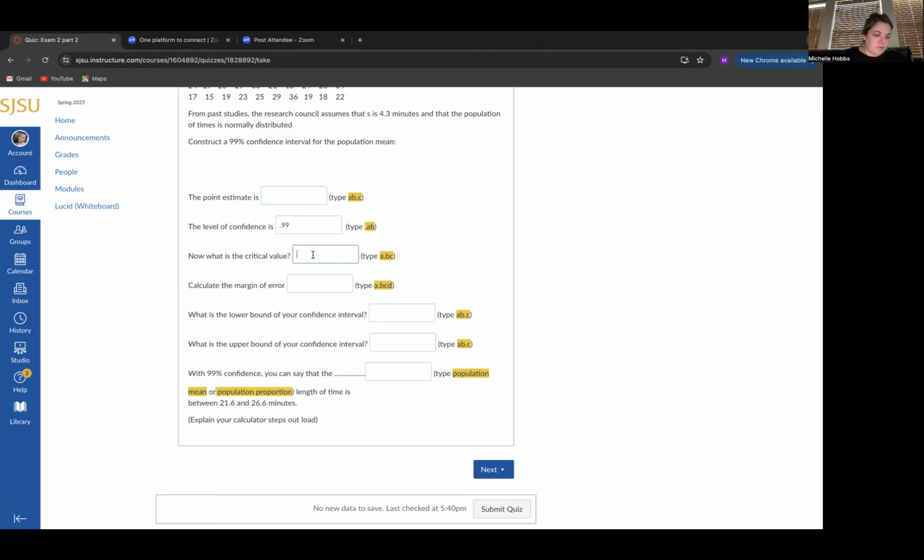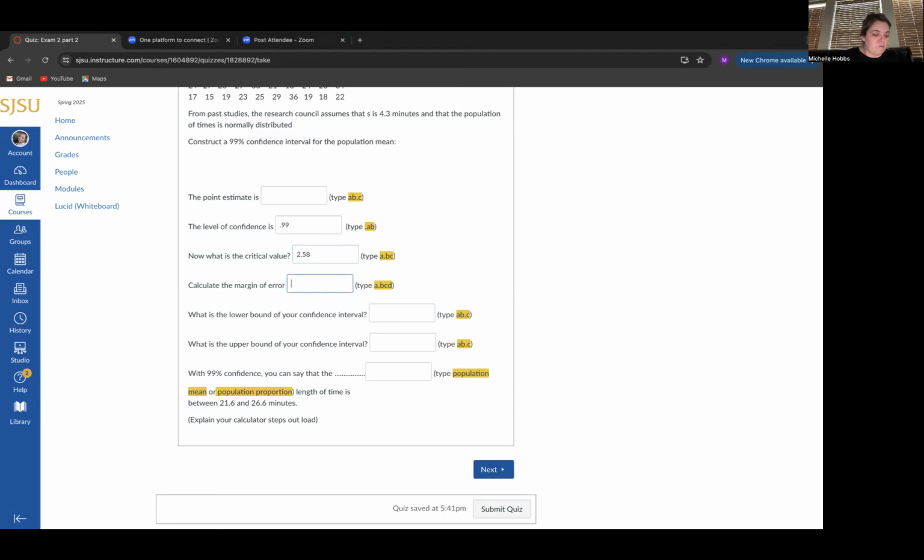And then you divide that by 2, so 0.01 divided by 2 equals 0.005. So the critical value for 0.005 is 2.576. So I'm just going to put 2.58.